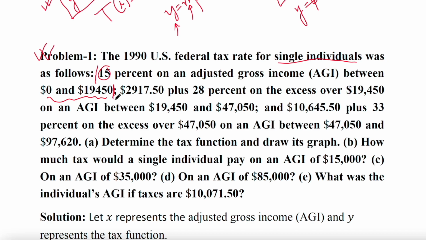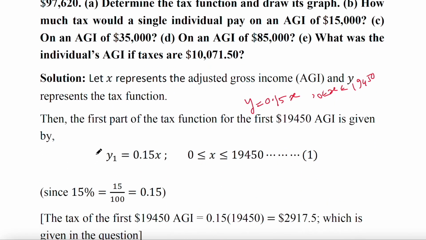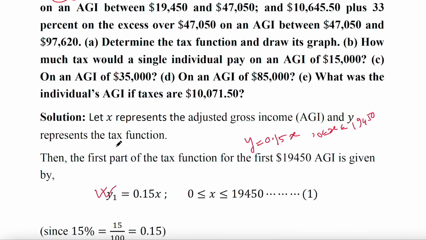So our first function will be like this: y equal 15%, which is 0.15x, where x is in between 0 and 19,450. This is our first function, our first piece.